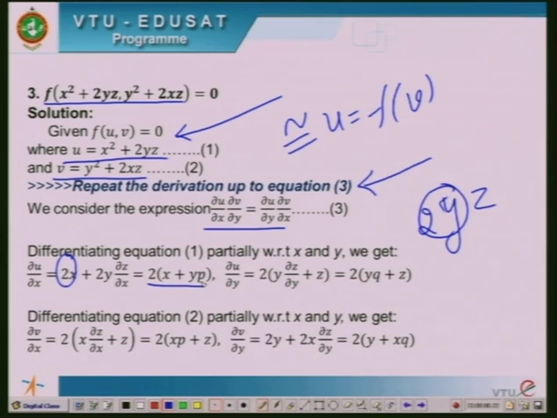Then differentiating partially with respect to y, similarly dou u by dou y. Now observe, you have x square plus 2yz, correct. So, when you differentiate with respect to y, x square is a constant. So, that becomes 0, no differentiation for that because derivative of a constant is 0.